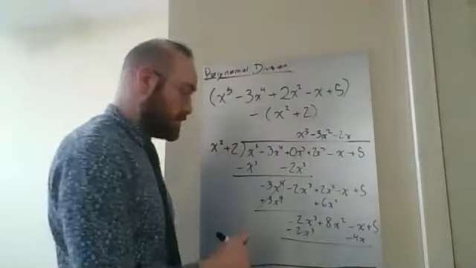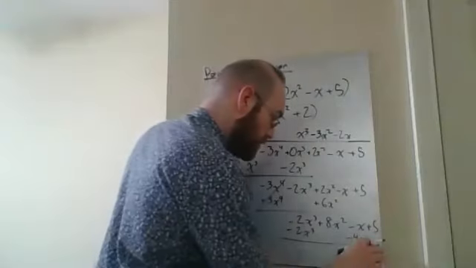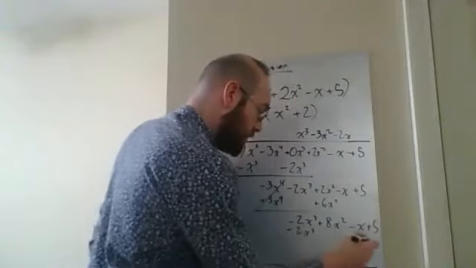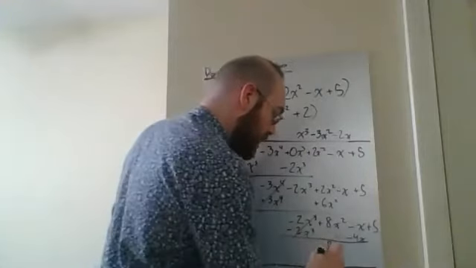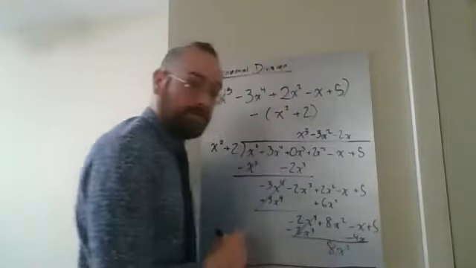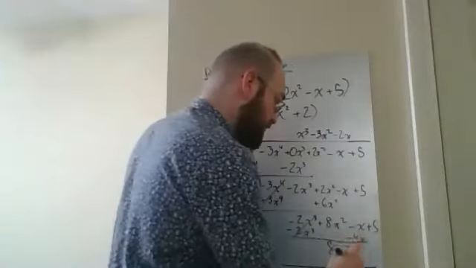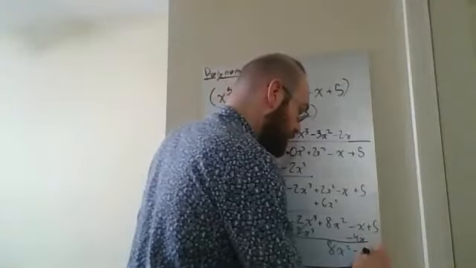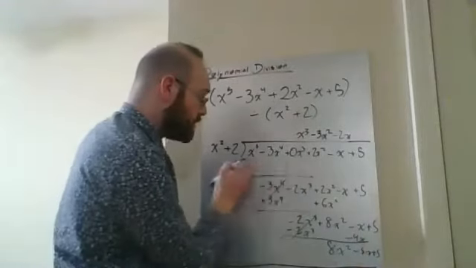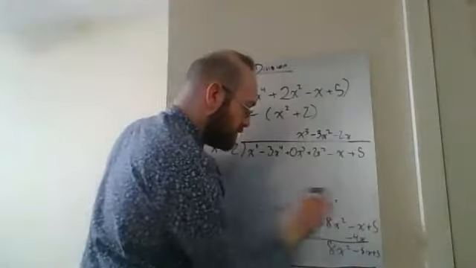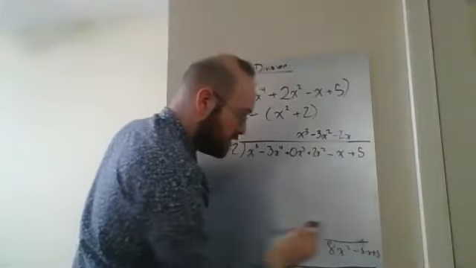And then, let's see, let me try to write that up just a little bit higher. All right, so these cancel out. We have 8x squared, just barely see that, minus 5x plus 5. What I'm going to do is erase the work that we've got.